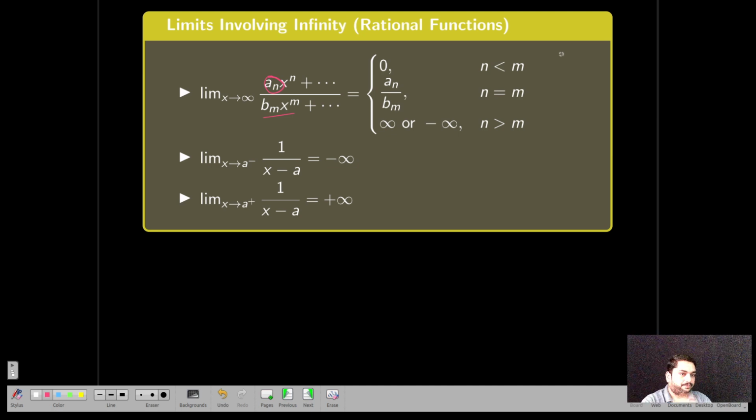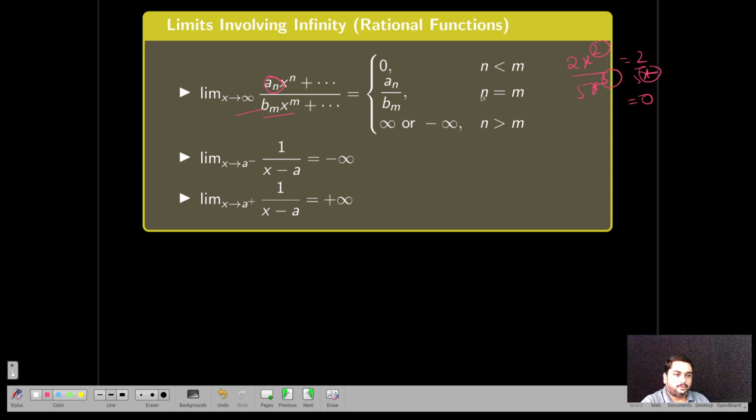This is a polynomial ratio. Let us say a_n is 2, so x squared divided by 5x cubed. So n is less than m, and in that case we will get 0. Why? It becomes 2 by 5x. As x approaches infinity, this denominator is infinity, so I will get 0.